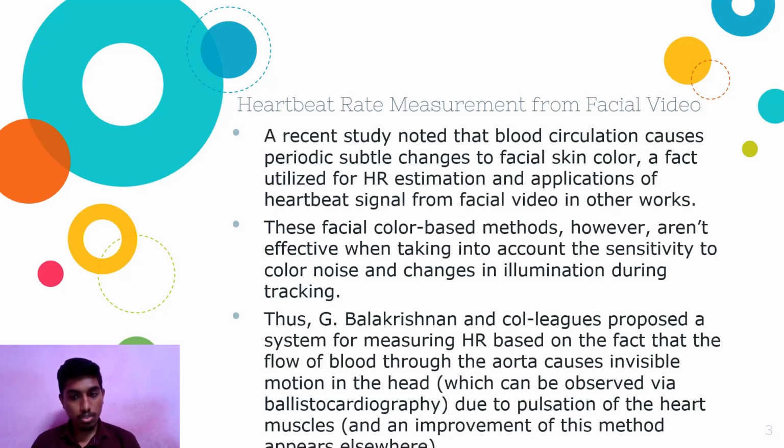G. Balakrishnan and colleagues proposed a system for measuring HR based on the fact that the flow of blood through the aorta causes invisible motion in the head, which can be observed via ballistocardiography due to pulsation of heart muscles, and an improvement of this method appears elsewhere.